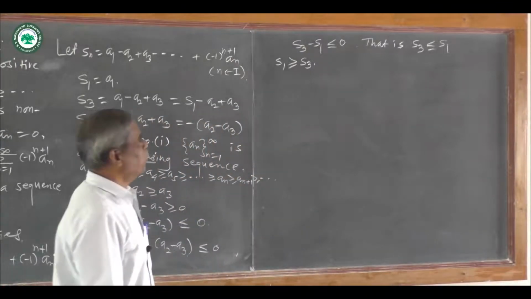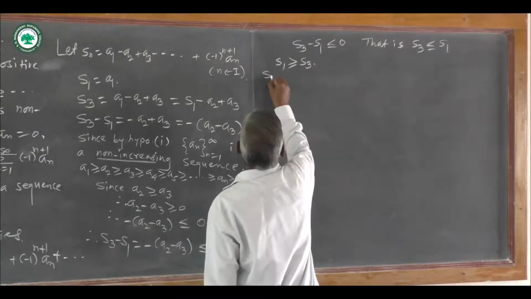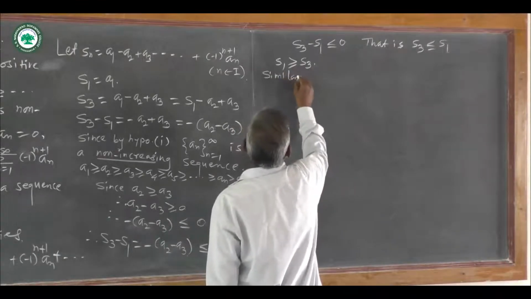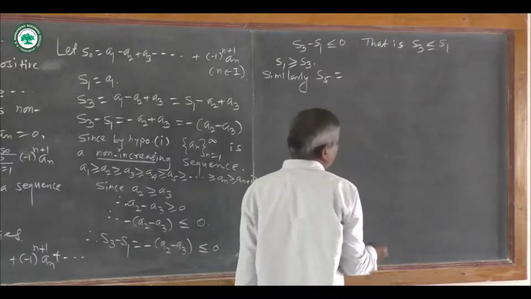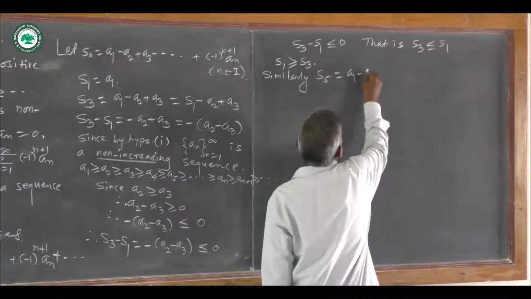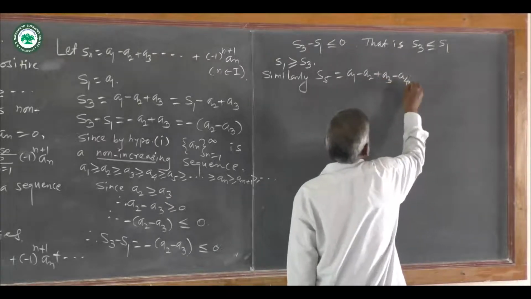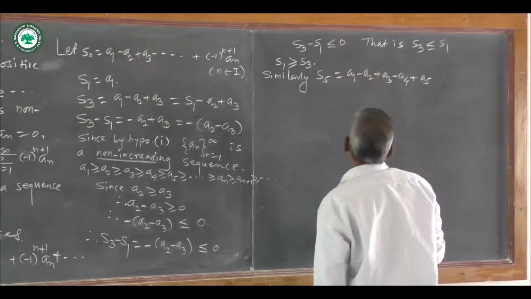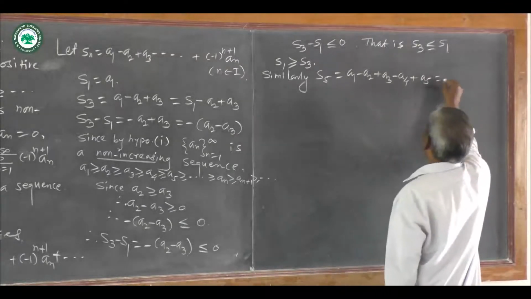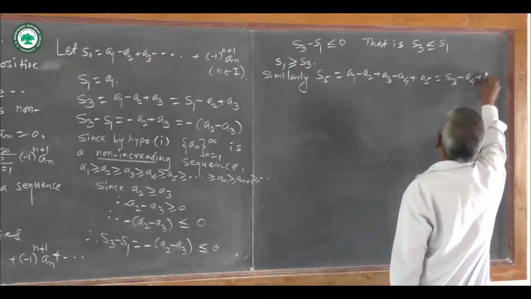Similarly, S5 is equal to A1 minus A2 plus A3 minus A4 plus A5, which is equal to S3 minus A4 plus A5.